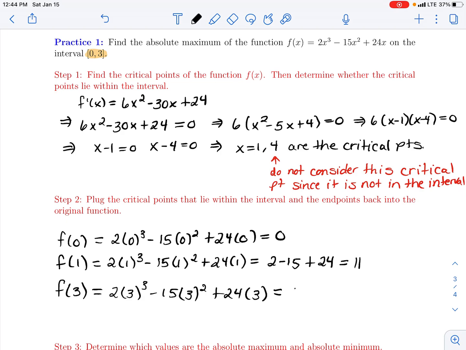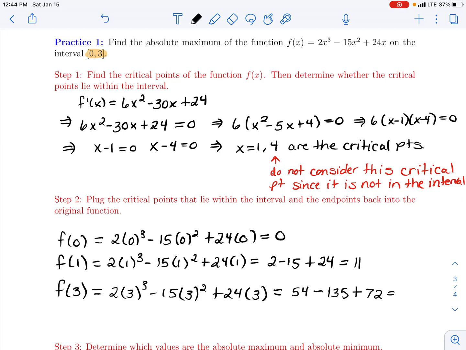So I'm going to have 54 minus, and then 15 times 9, which is 135, and then plus 24 times 3, which is 72.